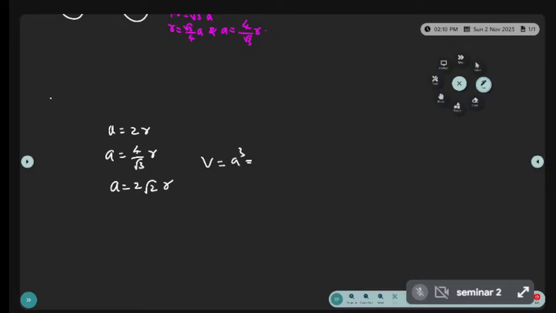This will be used for finding packing fraction, which is n into small v by capital V. In simple cube n is 1, 2 in the case of BCC, 4 in the case of FCC. What is small v? Volume of the atoms present in the unit cell, which is 4 by 3 pi r cube. And what is V? Volume of the unit cell, formula is A cube.